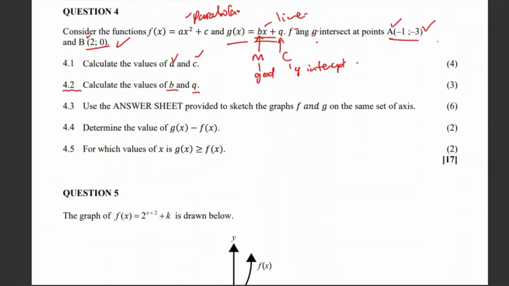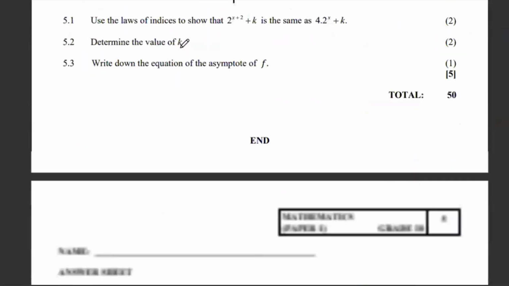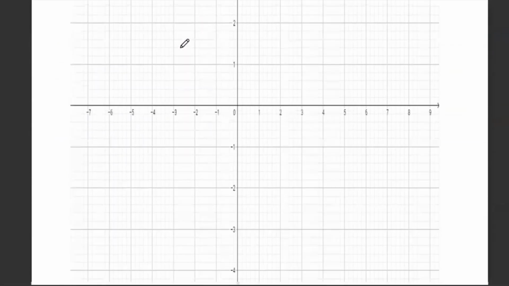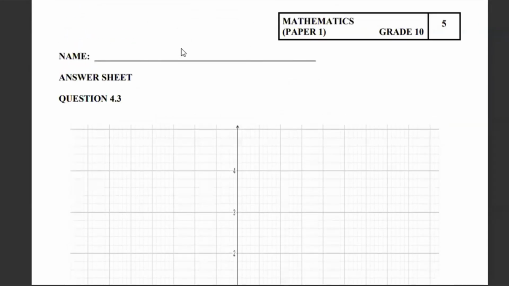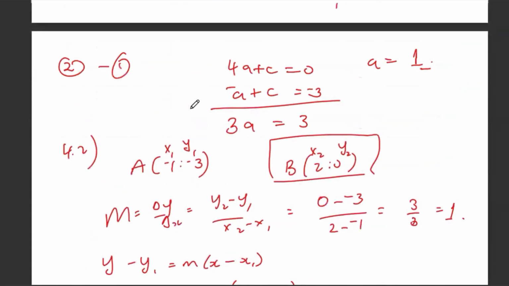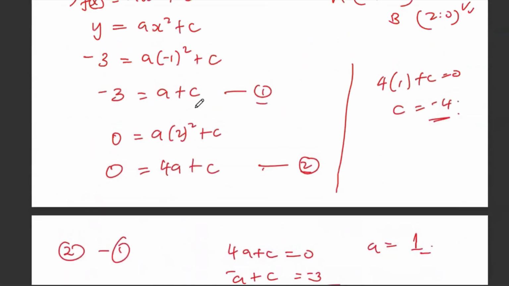4.3, they're asking us to use the annexure to draw f and g. All right. So let's look at the annexures. The first equation, remember, we said, what was our a? Our a was 1. And then our c is -4.